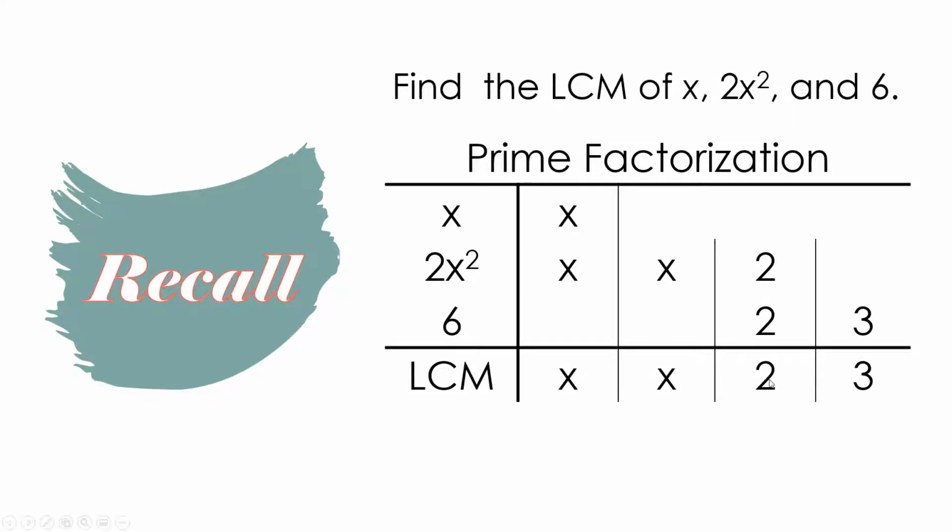The LCM of these 3 algebraic expressions is found by multiplying these numbers: x times x squared, times 2, that is 2x squared, times 3, that is 6x squared. So the LCM is 6x squared.